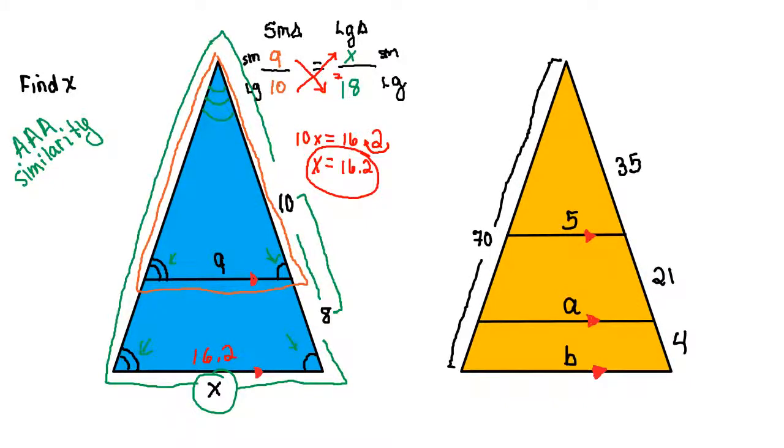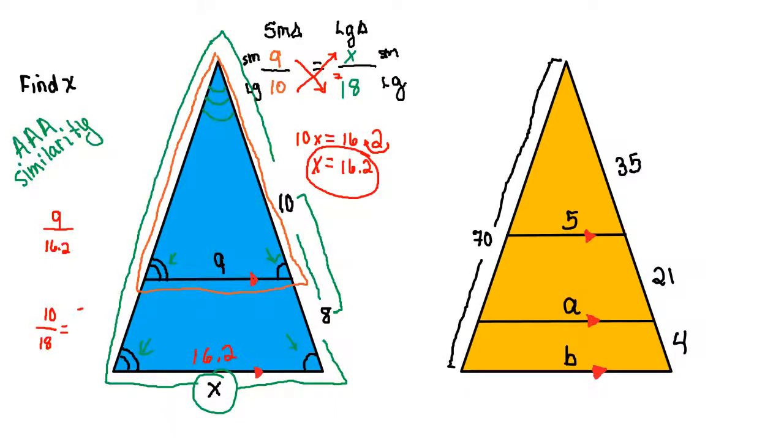And you can find the scale factor from the small to the large, and it would be the same thing as the 9 over the 16.2. We just match them up. Or it would be the 10 over the 18. I think the 10 over the 18 might be a little easier to simplify, although you can just try it with your calculator.